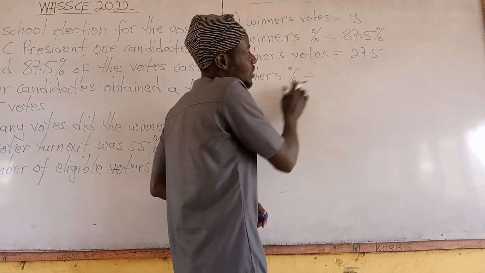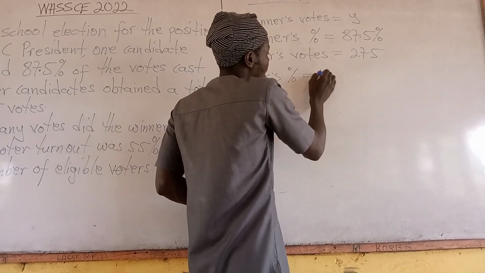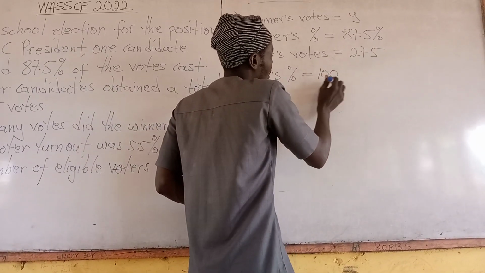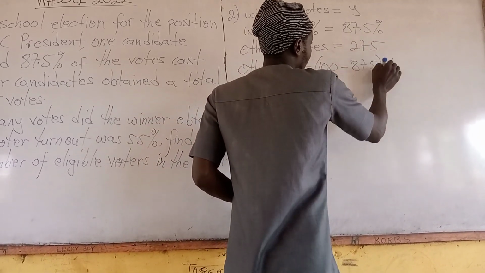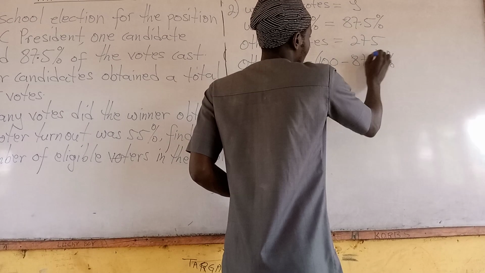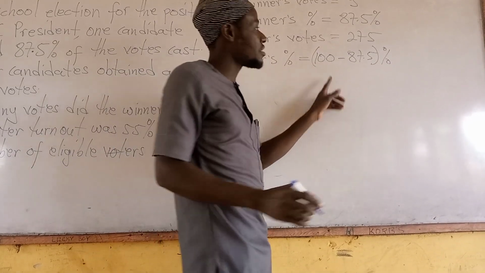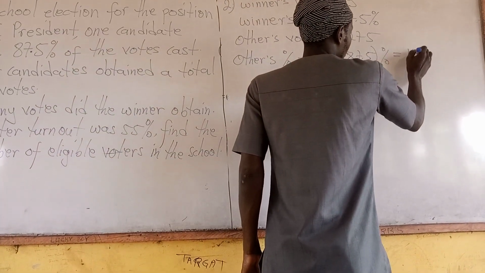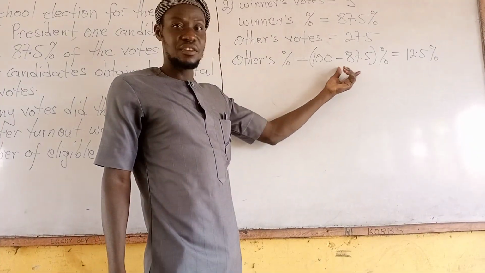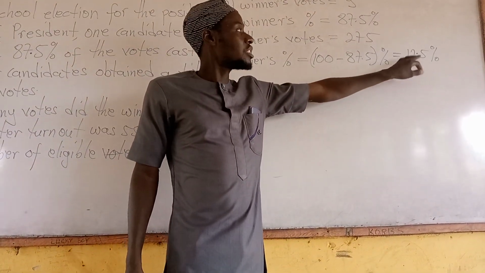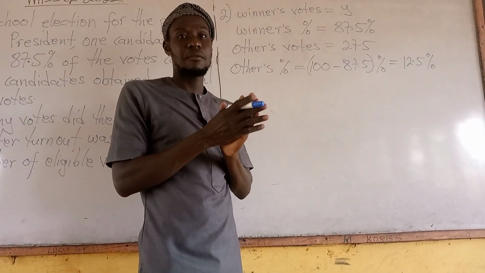So we subtract 87.5%, which is for the winner, from 100%. If you subtract 87.5% from 100, this will give you 12.5%.